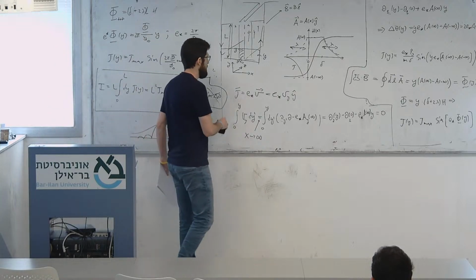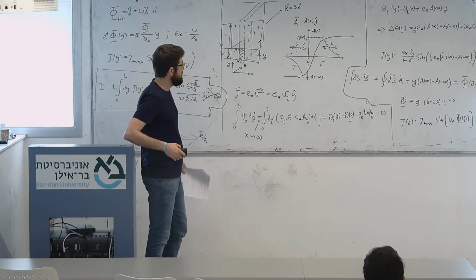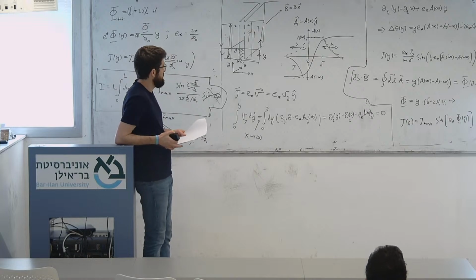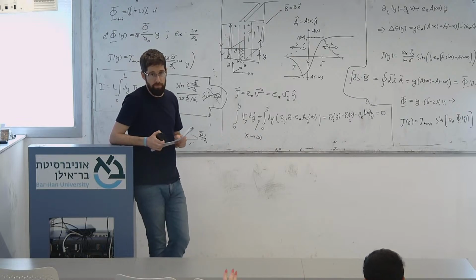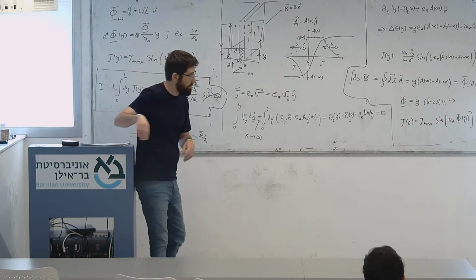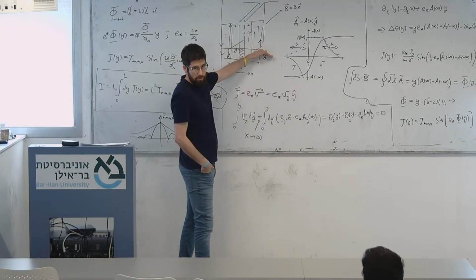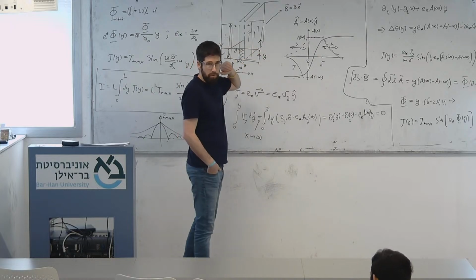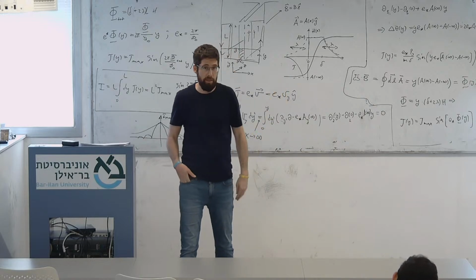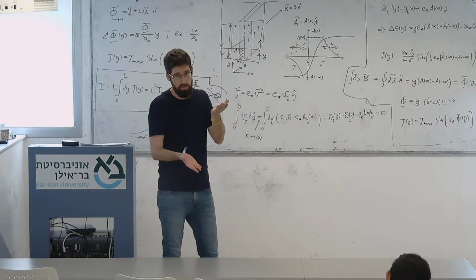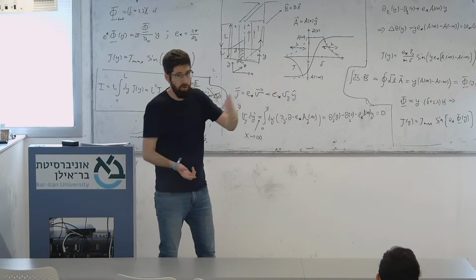Can I ask a question? Yes. The J, it's for a specific Y in the superconductor, right? No, it's the J across the boundary. I remind you that in the beginning of the class, we saw that if there's a phase difference between superconductors, there is a current.